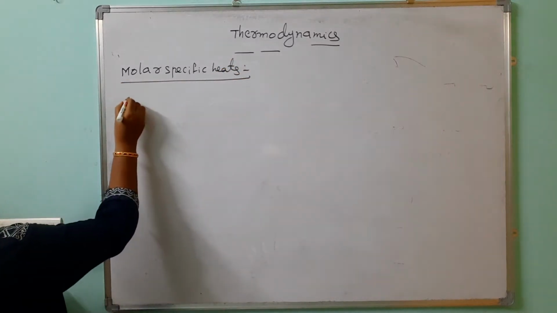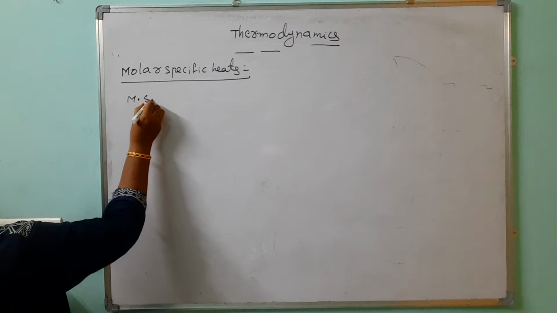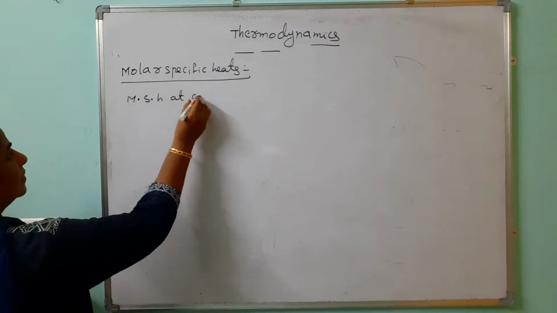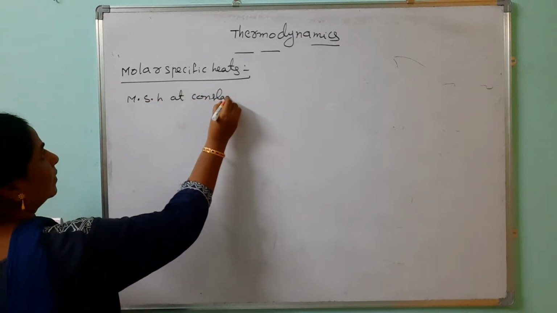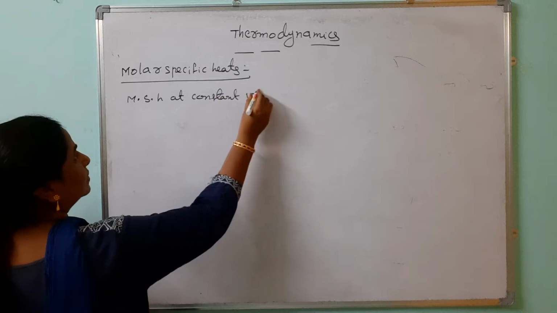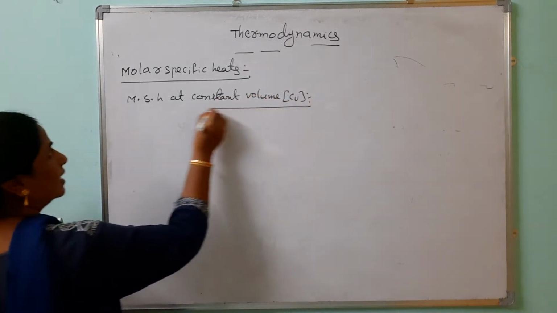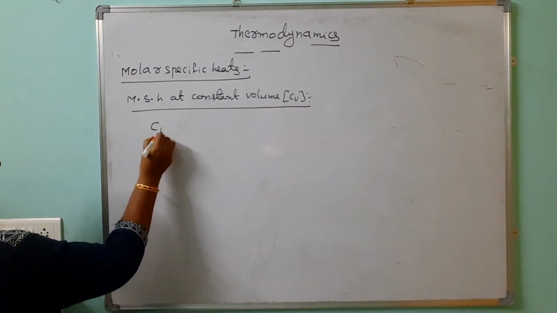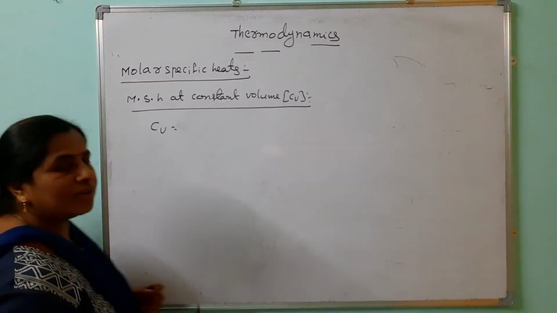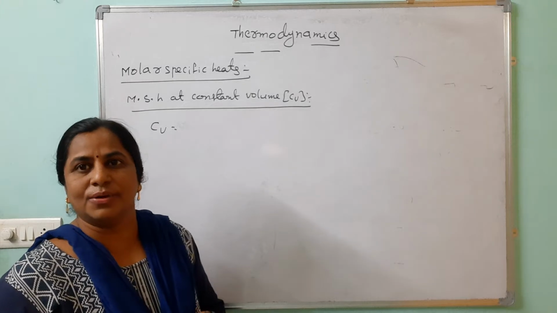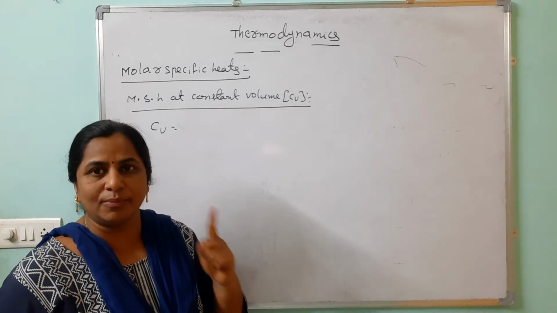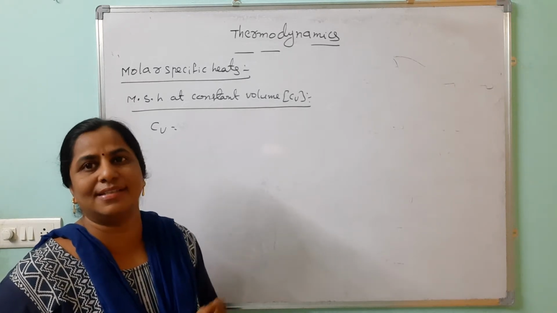One is the molar specific heat at constant volume, represented by CV. How to define this one? CV equals the amount of heat energy required to raise the temperature of 1 mole of the gas through 1 degree centigrade.